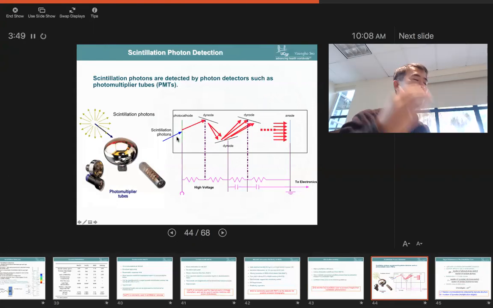The same concept is being used, but we are talking about different energies for the photons. So these much lower energy photons can still be converted to photoelectrons by the photocathode. Whenever you see the name cathode, it's related to negative charge, negative charge being the electron here. So an electron comes out of the photocathode after interaction of scintillation photons.